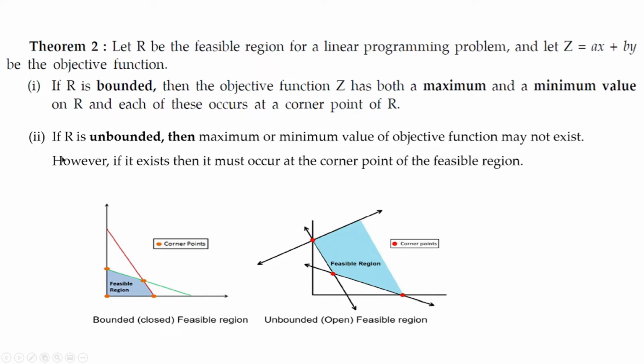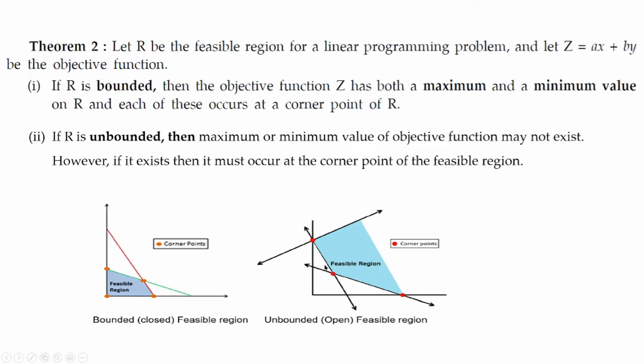And now moving on to unbounded feasible region. If R is unbounded, then the maximum or minimum value of the objective function may or may not exist. If it exists, then it must occur at a corner point of the feasible region. So if the feasible region is unbounded or open, then the maximum or minimum value of the objective function may or may not exist.